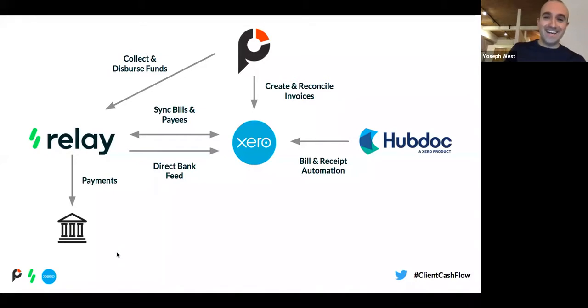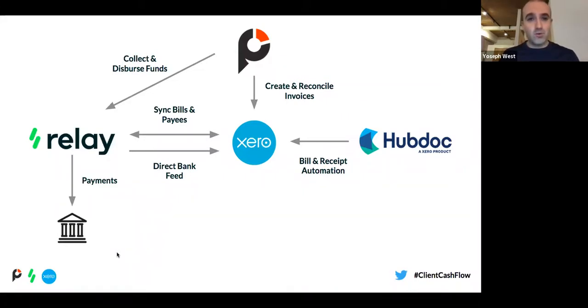And then we actually do pull in your unpaid bills and payees from Xero, so you can manage them inside your Relay account. That makes it easy to send payments to external third parties, whether it's via ACH, check, or wire, which is pretty cool. And then obviously we're relying on HubDoc for the bill and receipt automation. Those are docs that go to HubDoc, data is instantly extracted, and then it's passed across into the accounting system.